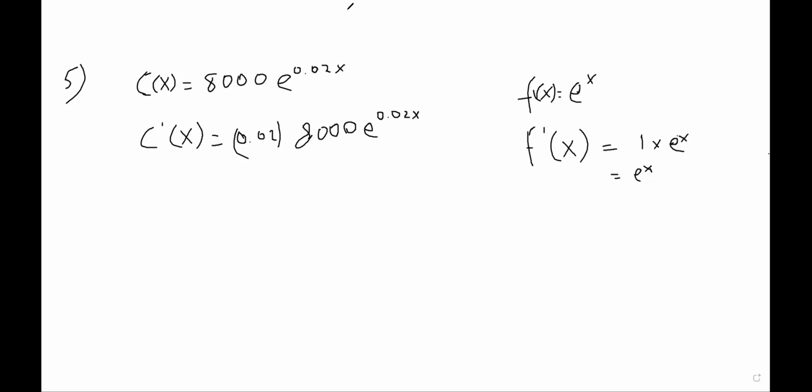And we can just multiply the 0.02 times the 8,000, and that is going to be equal to 160. So after we multiply that, we have 160 e raised to 0.02x, and that is the differential of our C of x.